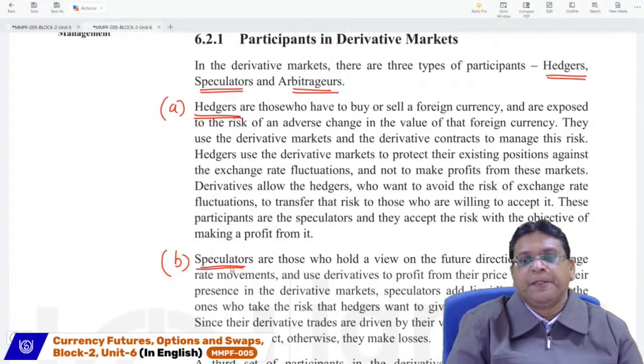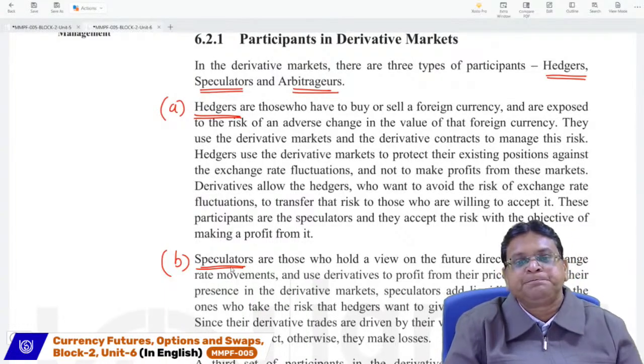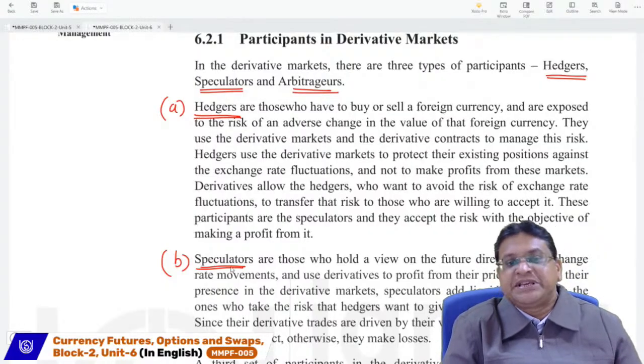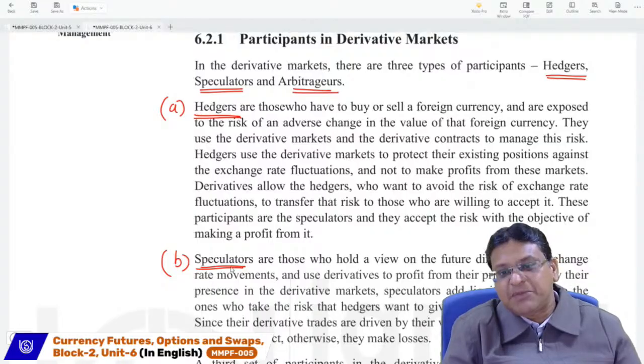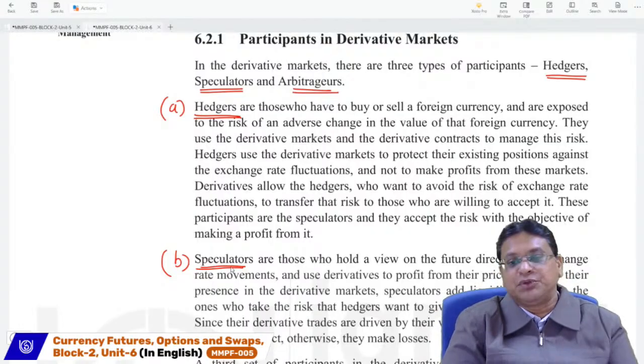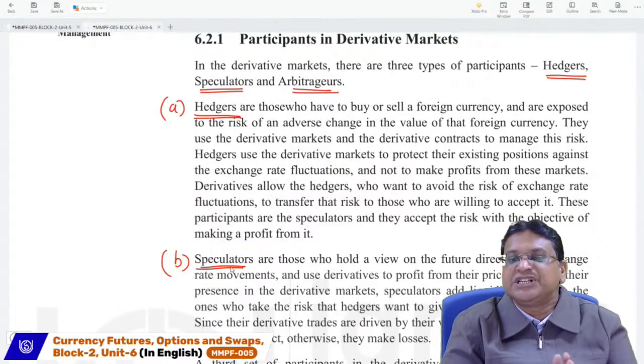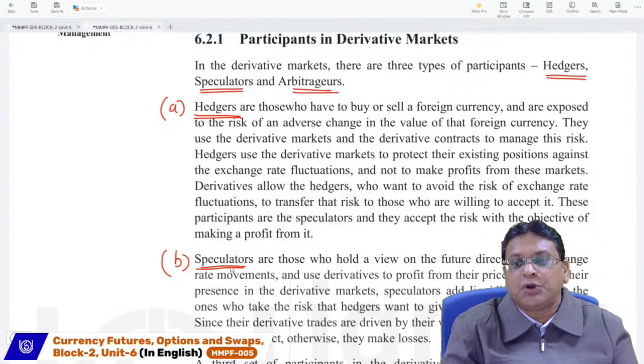Who is a hedger? Normally, a hedger is an importer or exporter. He enters into the derivative market for the purpose of hedging, for the purpose of fixing his future buying price or future selling price. So hedgers enter into the derivative market to protect their position, to minimize their risk. Their main purpose is not to make profit but to minimize the risk.